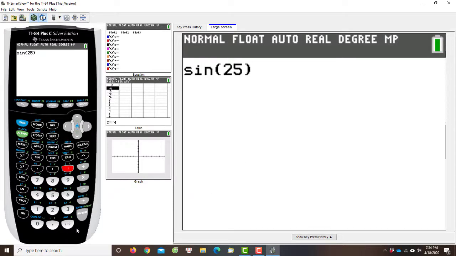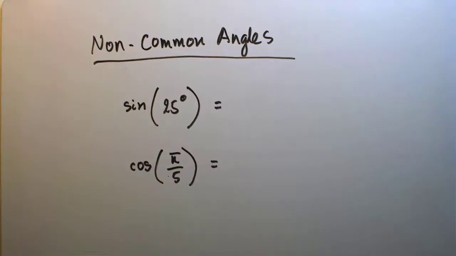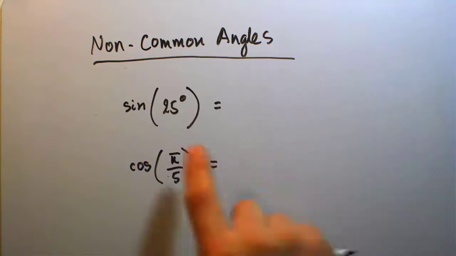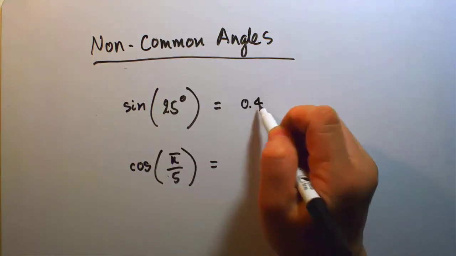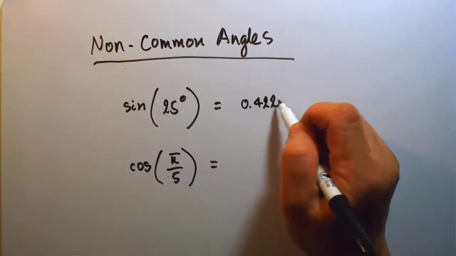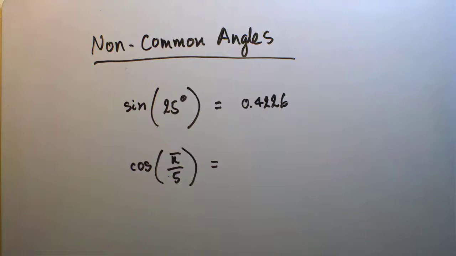Hitting enter gives you the result we want. Back to my board, sine of 25 degrees is 0.4226. How many decimals depends on the requirements of different exercise problems.